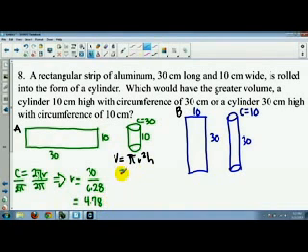Therefore, the volume is 3.14 multiplied by 4.78 squared multiplied by the height, which is 10.